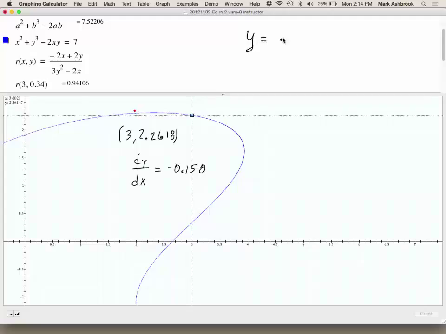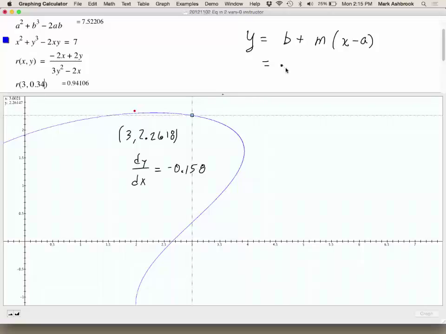Y equals? No, we never did mx plus b. What did we do? We did old y plus change in y. And the change in y was calculated as m times change in x. Right? Old y plus the change in y, m times the change in x.